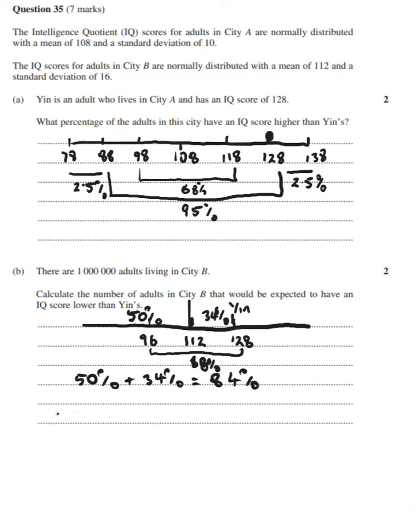And so very simply, it's going to be 1 million times 84% which is 840,000 people have an IQ less than Yin's IQ.